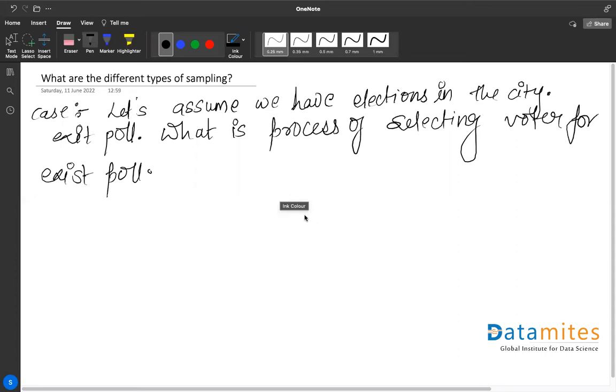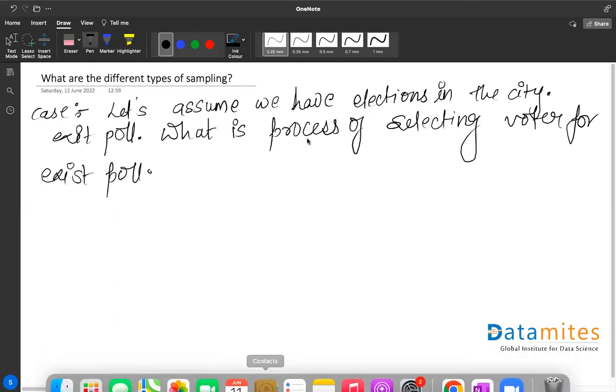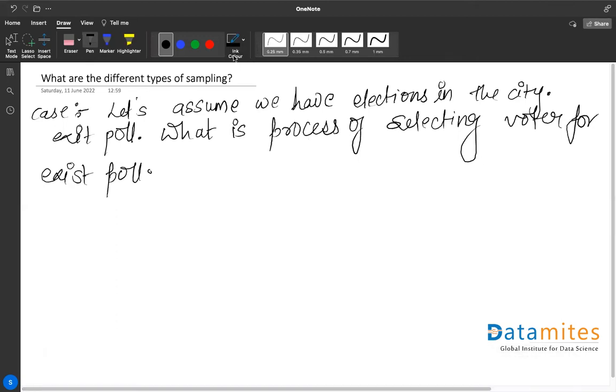So here, why are we getting multiple answers? The reason is that it depends upon the agency. Whoever has given me answers, everyone's answer is correct. Why is it correct? You need not say any specific sampling name.